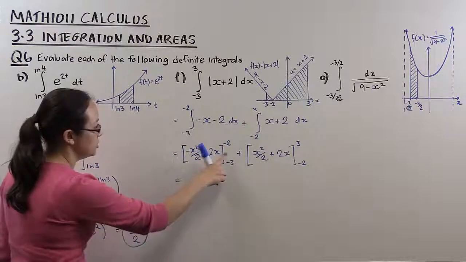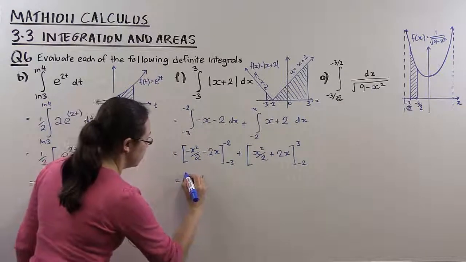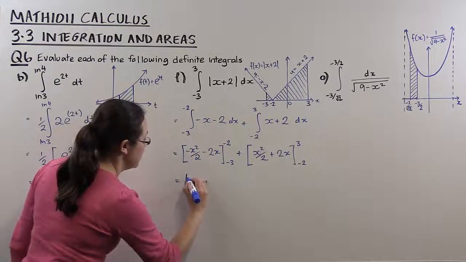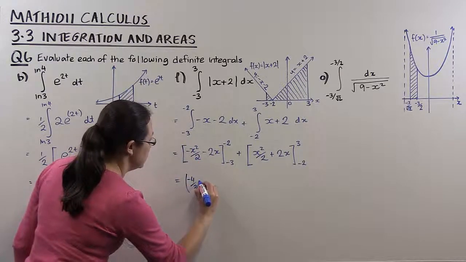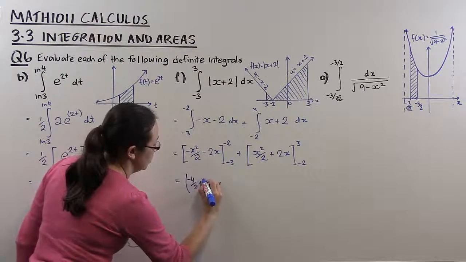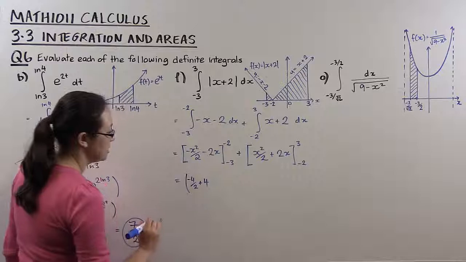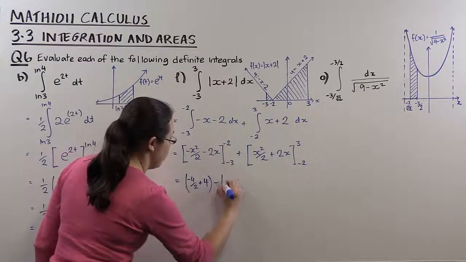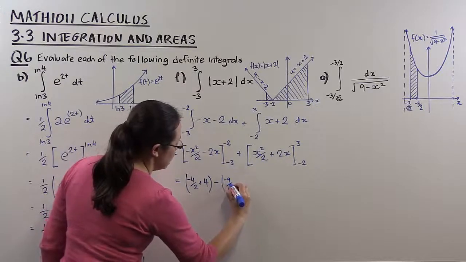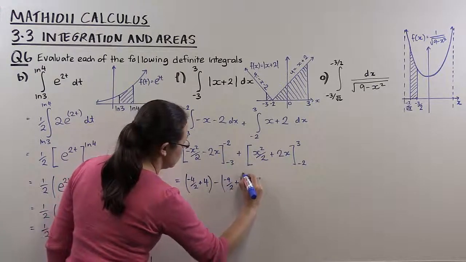Okay, so substituting in these limits and subtracting, we get minus 2 all squared is 4. So this is minus 4 on 2. Subtract 2 times minus 2 is minus 4, so that ends up as plus 4. Minus, when I substitute in minus 3 there, I'll have minus 9 on 2 plus 6.